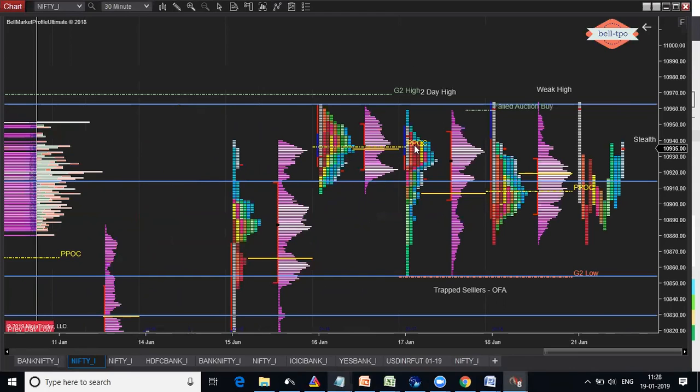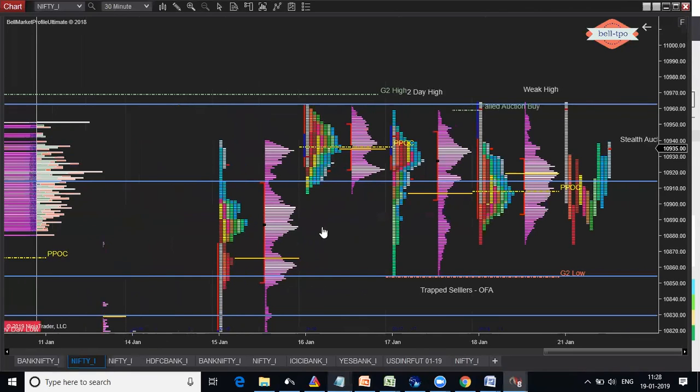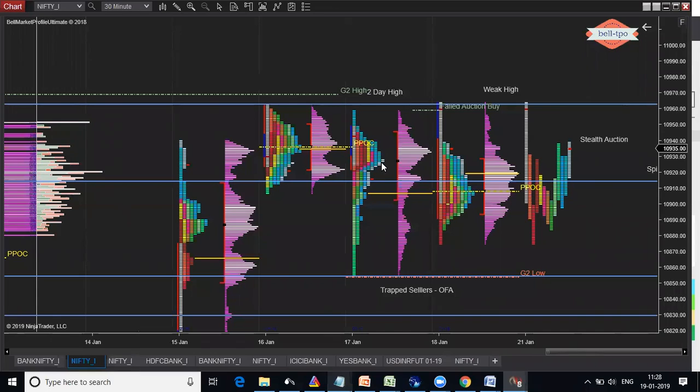So this one was cleared by 17th Jan. Yes, and 17th was already cleared by 18th. 17th is not a PPOC. Okay, but the 16th was cleared by 18th, right? The 16th PPOC is cleared by 17th itself. So how can we say that it's getting long to too long, sir, in this?